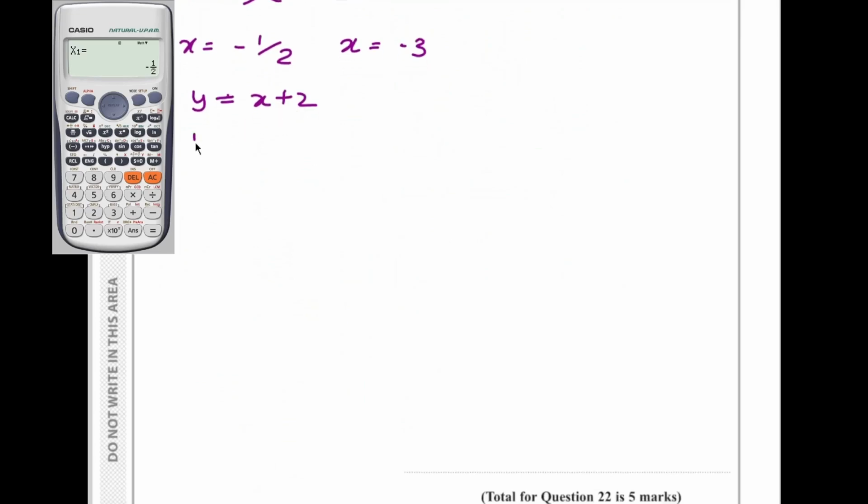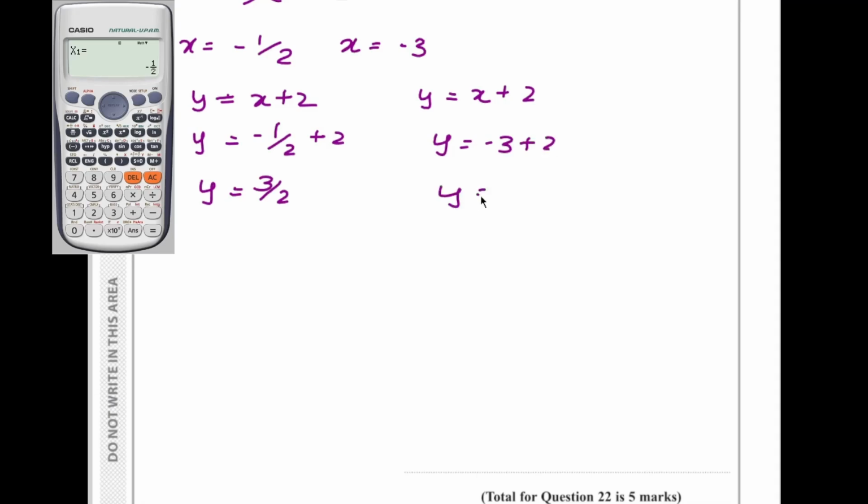Substituting instead of x, minus half plus 2, y would be 3 over 2. Now again, when x equals minus 3, y would be minus 3 plus 2, which becomes y equals minus 1.